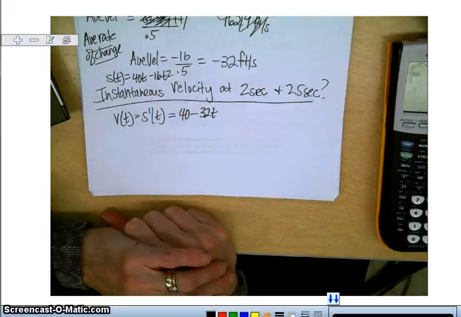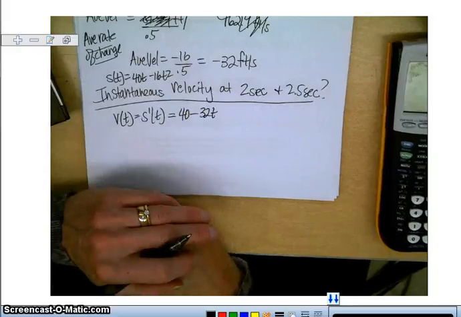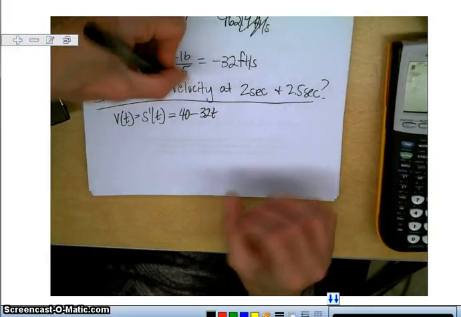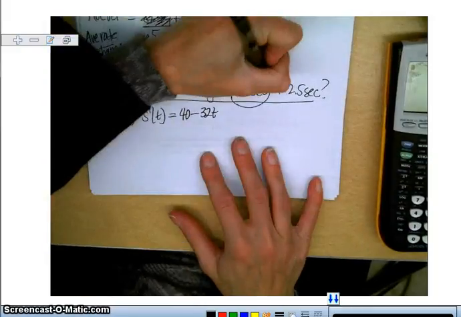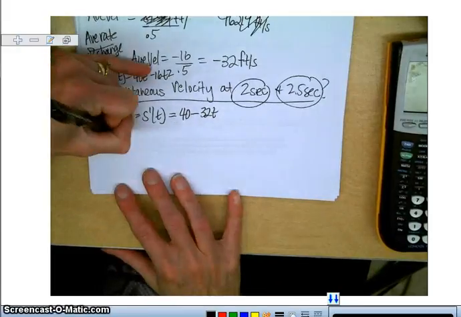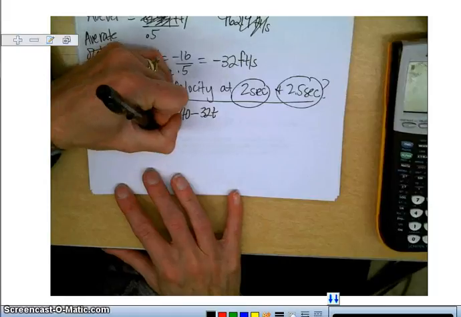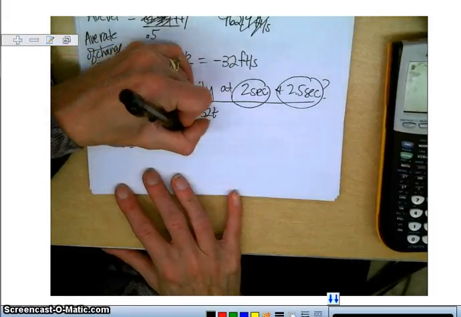So you're going to do v of 2 minus v of 2.5? No, you don't need to do minus. You're just finding 2 different velocities, so this is 2 separate answers. The instantaneous velocity at 2 is v of 2, which is 40 minus 32 times 2.